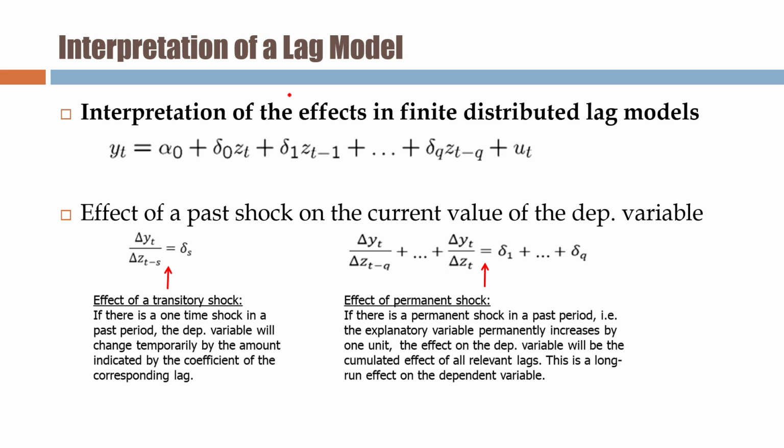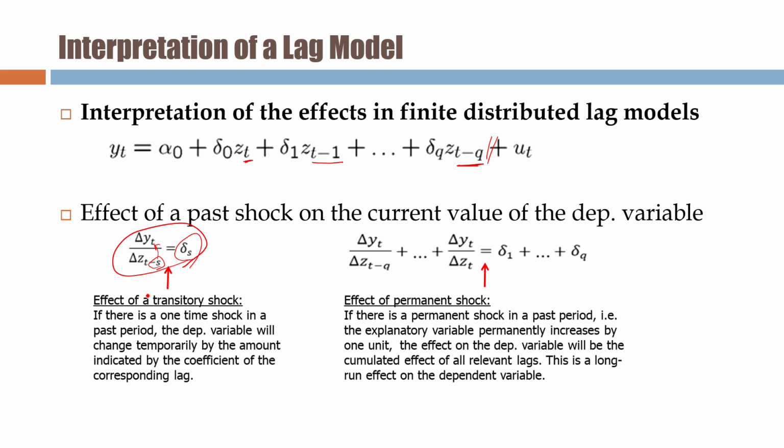Interpretation of the effect in the finite distributed lag model. We clearly have a cut: current information, 1 period before, 2 periods before, up to Q periods before. So when we have only one term, you take a look at just that one. It doesn't matter what the lag is, that will affect the current dependent variable right away, and that's it.